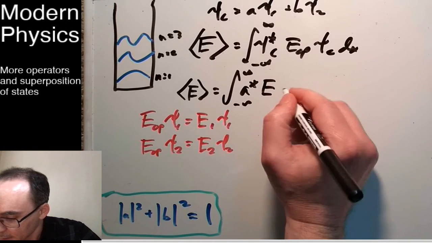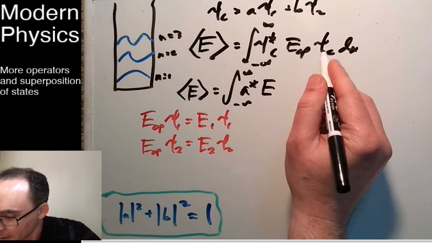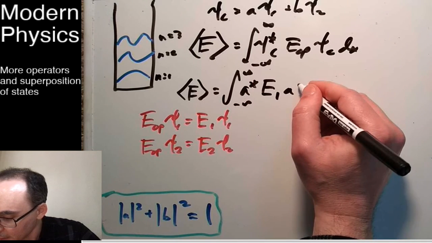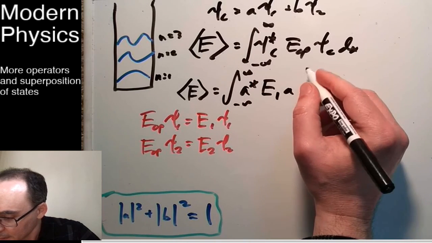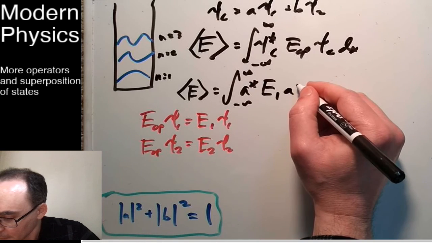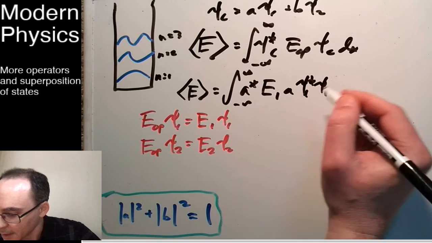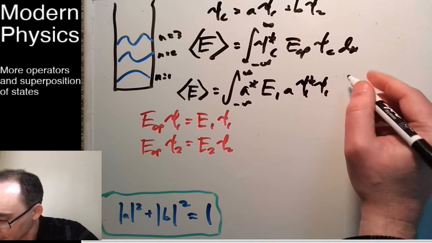So when I put this all together for my combo state, I get 2 terms. I get a star, and the energy operator operating on this gives E1. I have an a in there. I haven't done the integral yet, so I have psi 1 star and psi 1, but when I integrate that, that's going to turn into 1.